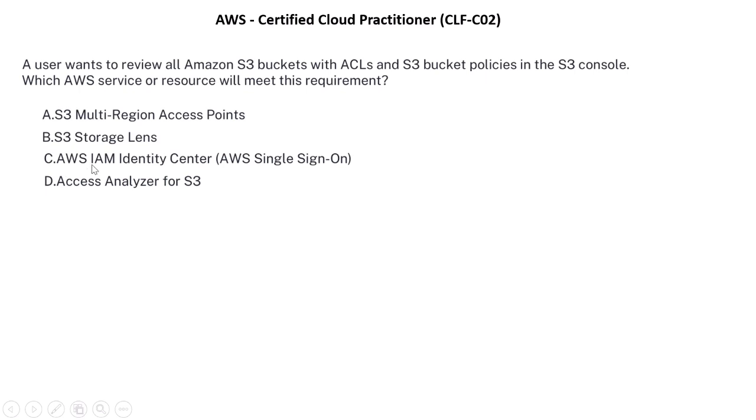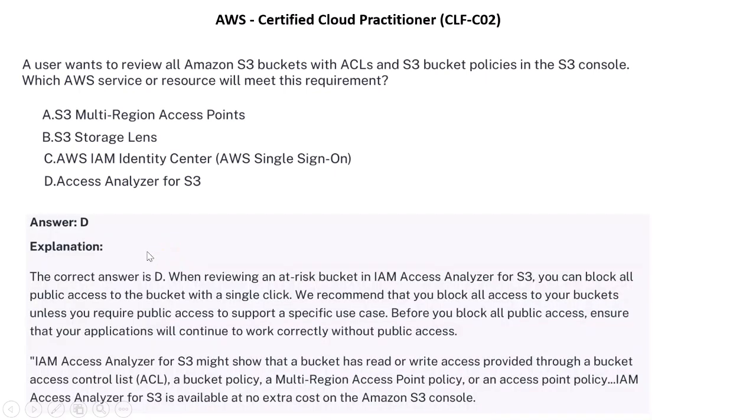Option C, AWS IAM Identity Center, that means AWS single sign-on. Option D, IAM Access Analyzer for S3. The correct answer is option D, Access Analyzer for S3. When reviewing an at-risk bucket in IAM Access Analyzer for S3, you can block all public access to the bucket with a single click.